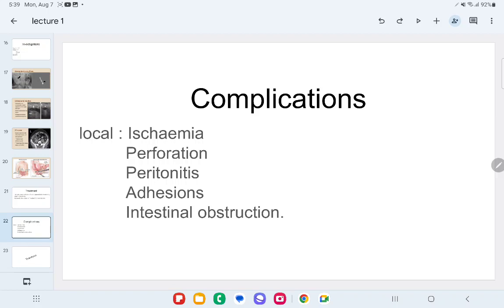If the perforation is localized by omentum and loops of bowel, it will be an appendicular mass. But if it perforates freely, it will cause peritonitis and adhesions, and later lead to intestinal obstruction.